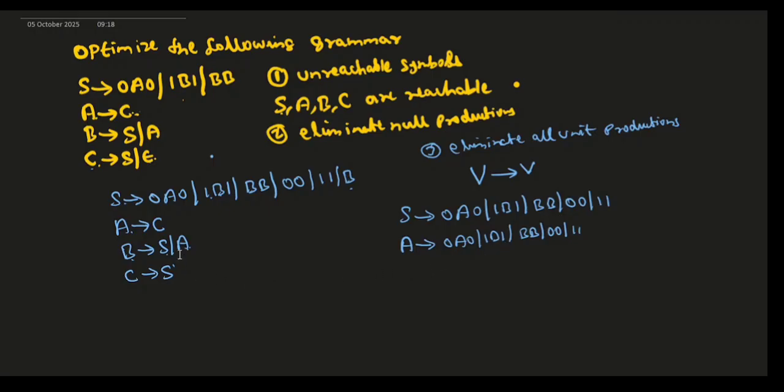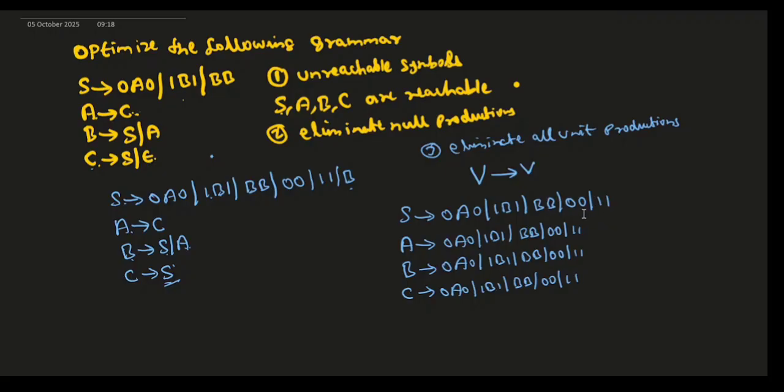Similarly, B tends to S, so B can also be replaced by 0 A 0, 1 B 1, B B, 0 0, 1 1. And C can also be replaced in the same way. C is connected to S, so 0 A 0, 1 B 1, B B, 0 0, and 1 1. Now all of these end up in terminal symbols. So that's the way of doing this.